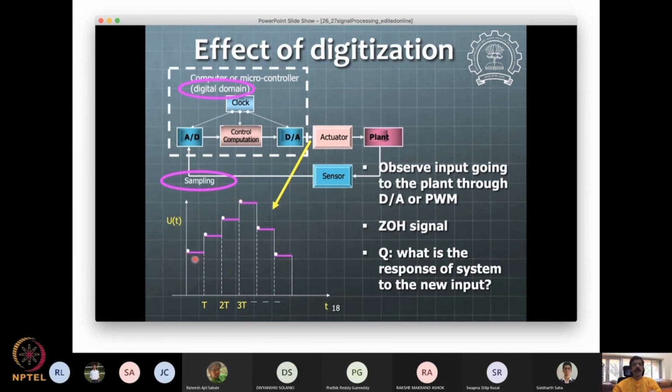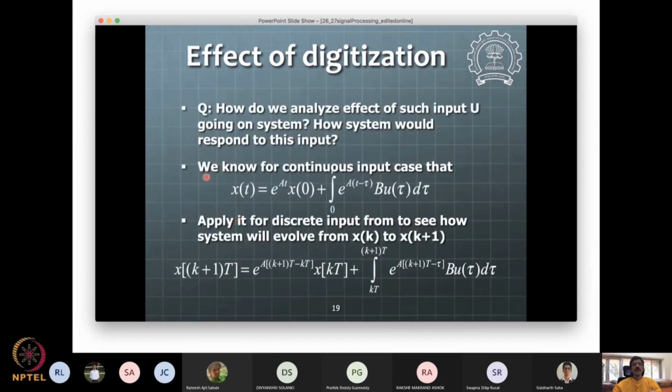My plant is not really receiving a continuous input, but the input is now received in this kind of sample and zero order hold form.